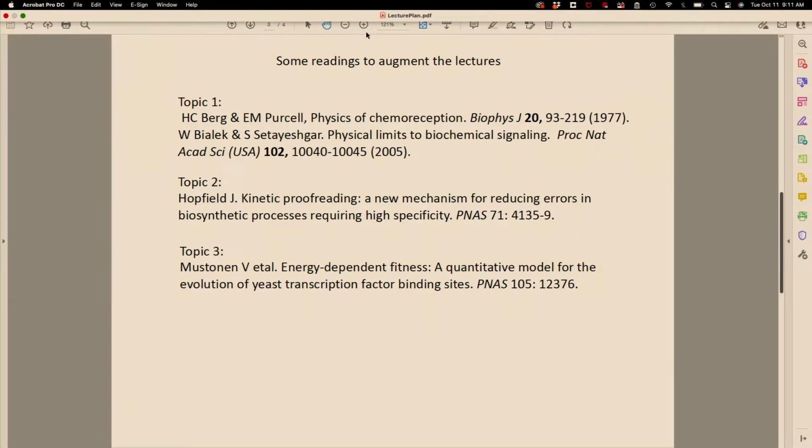So you have n pairs separated by tau. Okay? So these pairs can be 1, 1.